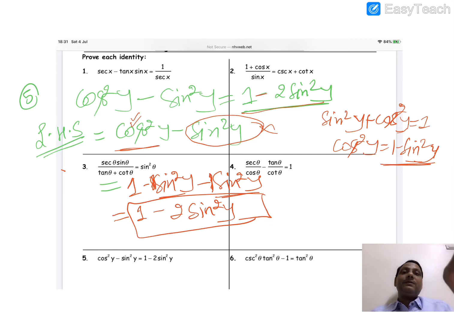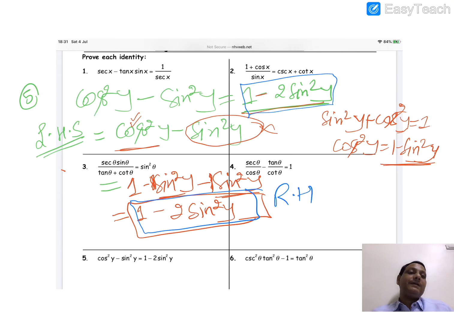So we already got it proved, because we had to prove 1 minus 2 sine square y. So this is your right hand side, or you can say QED, or hence proved, whatever you want to do. So this is the thing what you have to do.